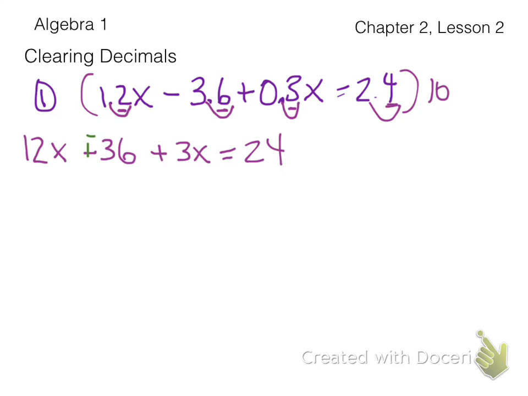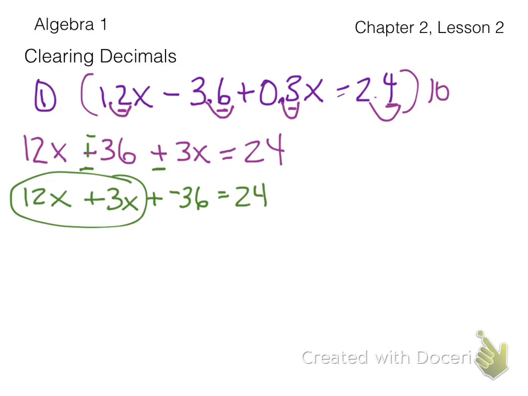And since I can add the opposite and I've now got a bunch of addition signs, I can rearrange so that my common terms are all by each other. And so I'm going to move the 3x by the 12x. I've still got a plus negative 36, 15x equals 24. So combine like terms, it's going to give me 15x plus negative 36 equals 24.